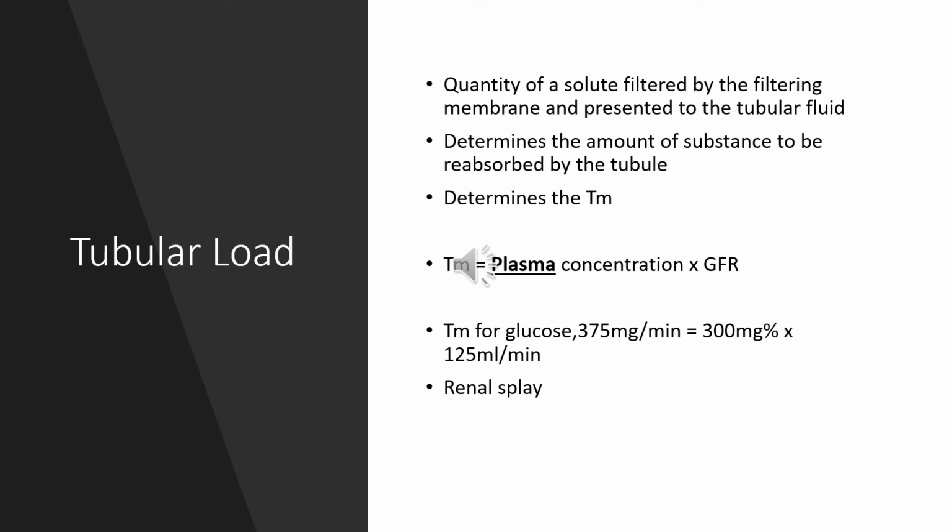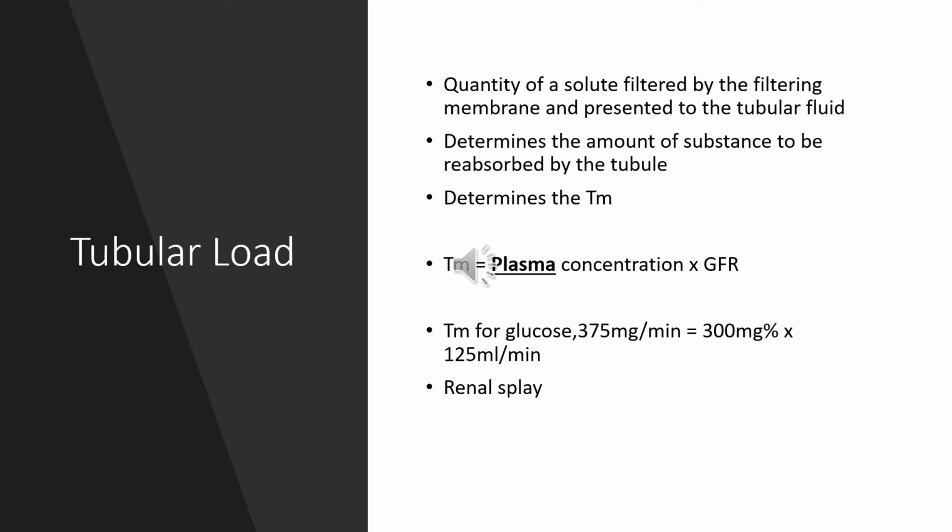And this transport maximum in turn depends on the plasma concentration of the solute and the rate of glomerular filtration. The transport maximum value for glucose is 375 milligrams per minute and the glomerular filtration rate is 125 milliliter per minute. So for glucose to have a transport maximum of 375 milligram per minute at a glomerular filtration rate of 125 milliliter per minute, the plasma concentration should be 300 milligram percentage.